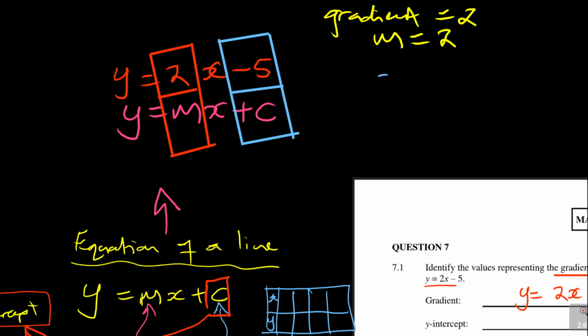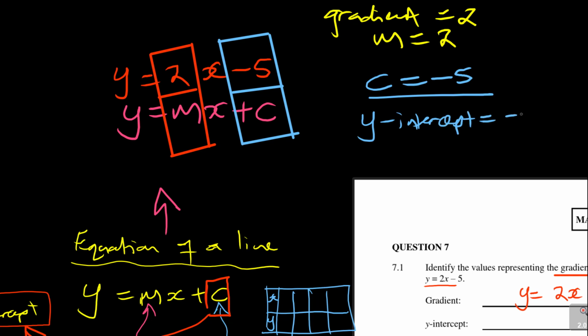So c is equal to the number you see there, which is not 5 but minus 5. And so the y-intercept in this case is equal to minus 5.